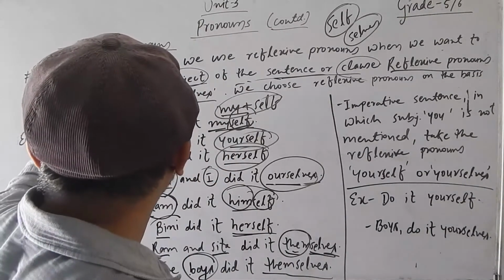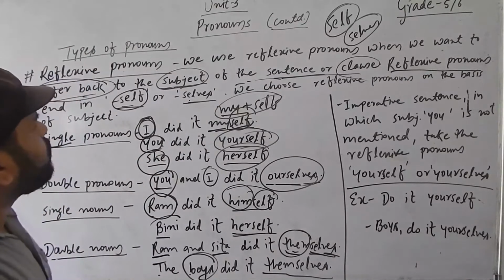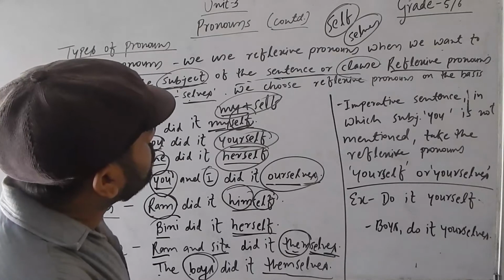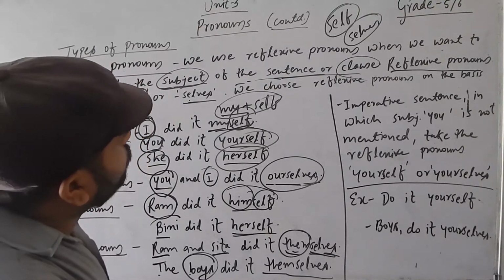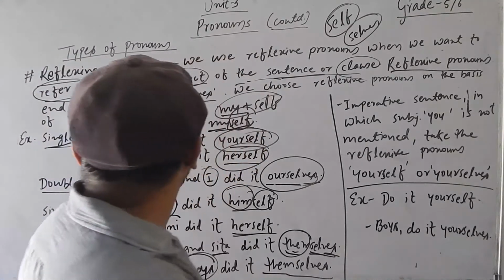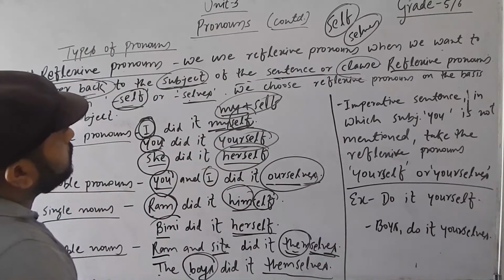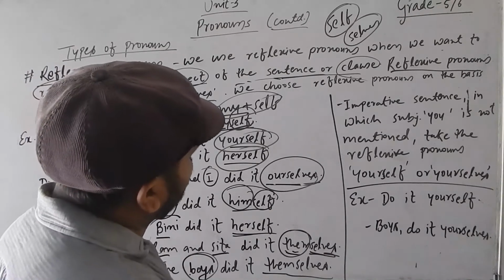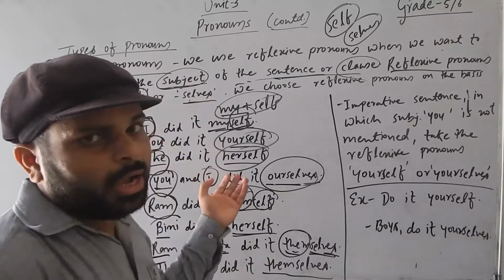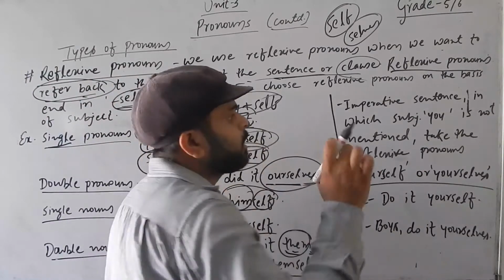So see, again I repeat, we use reflexive pronouns when we want to refer back to the subject of the sentence or clause. Referring back, I told you, using self or selves.